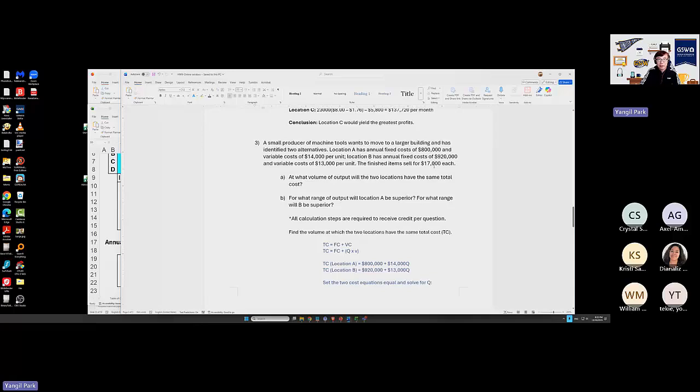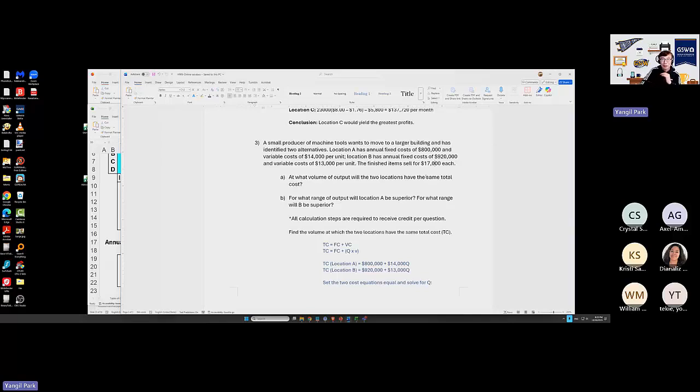Okay, this one is a little different, and we're not just trying to find the profit, but we're trying to find the intersection point for these two locations. So at what volume or at what unit, like is it going to be 100, 200, 300 units, do those two locations have the same prices, same cost?